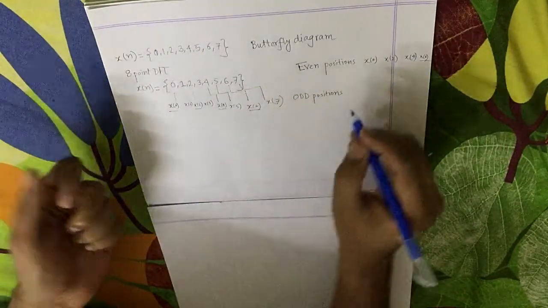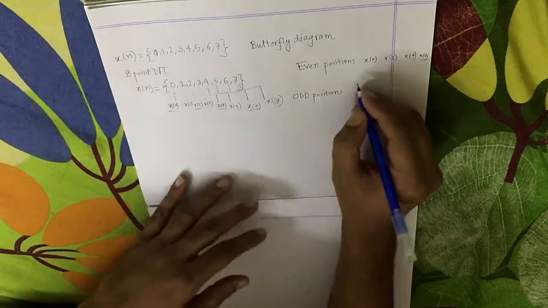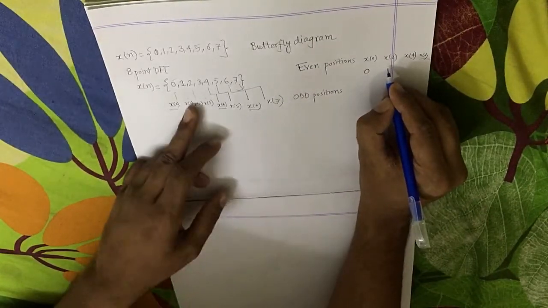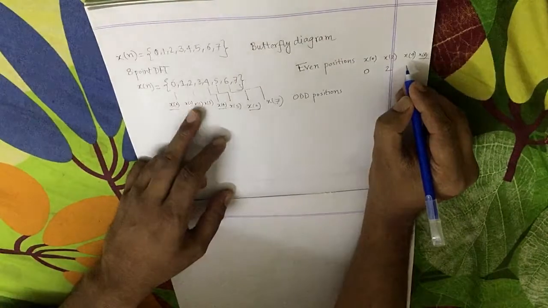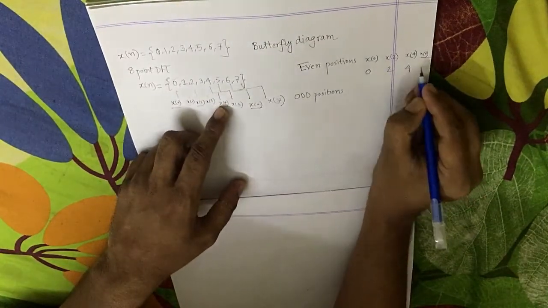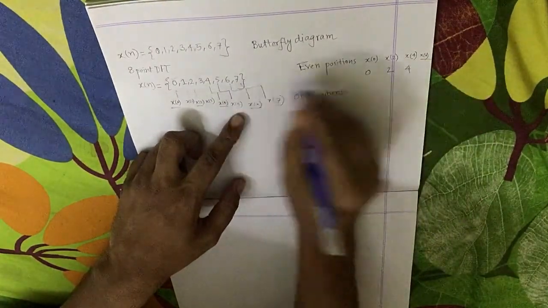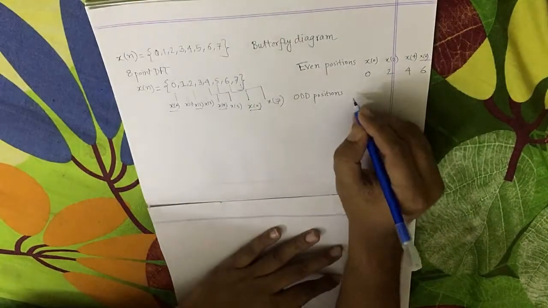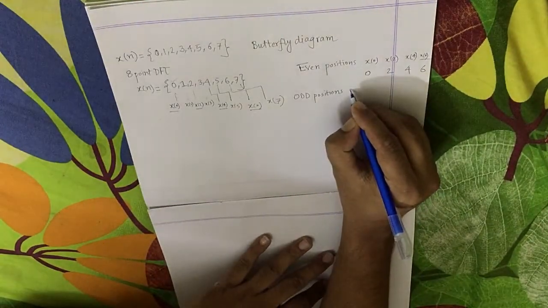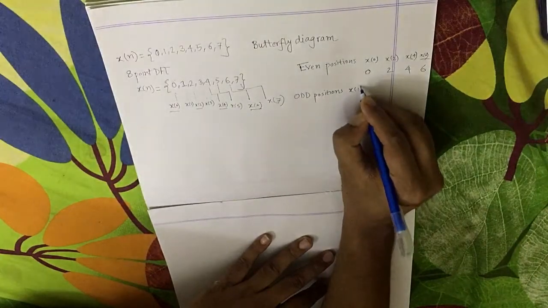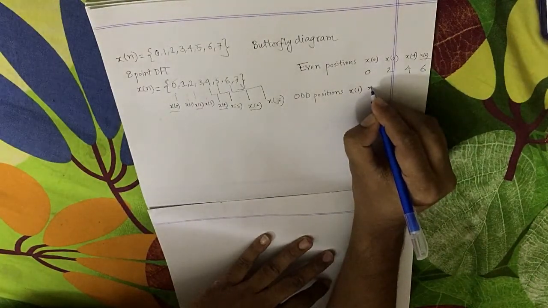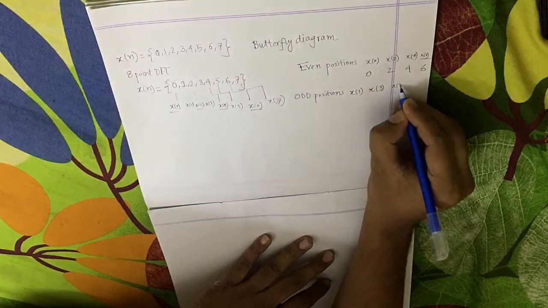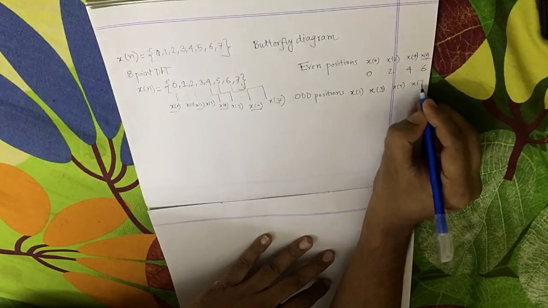Now let's write down the values of these positions. At x of 0 we have 0, at x of 2 we have 2, at x of 4 we have 4, at x of 6 we have 6. Fine. What about the odd positions? In odd positions we have x of 1, then x of 3, then x of 5, finally x of 7.